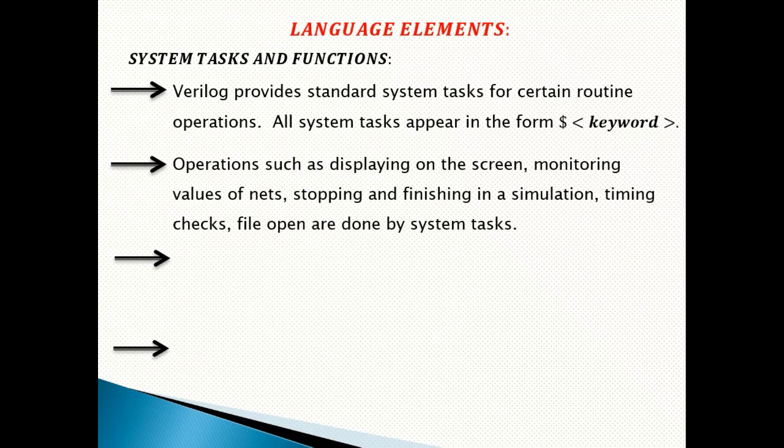Operations such as displaying on the screen, the $display system task, monitoring values of nets, the $monitor system task, stopping and finishing, $stop and $finish, timing check tasks like $setup, $hold, $width, file open system tasks like $fopen, and many more are done by the system tasks. In the next slides, we will discuss only the most useful system tasks like display, monitor, stop, and finish.